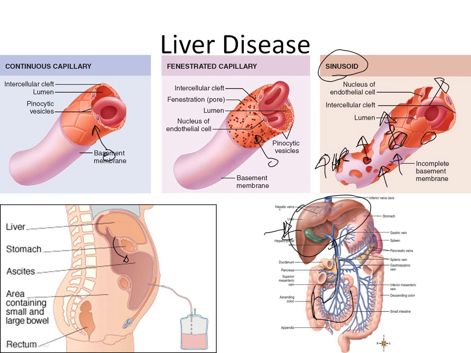Now what happens is, as the liver fails, or as the liver is insufficiently working, all of these albumin molecules, all of these proteins are pushed out of the sinusoid capillary bed. What you're doing is you're actually, on the outside of the liver, increasing osmotic pressures in the abdominal compartment.